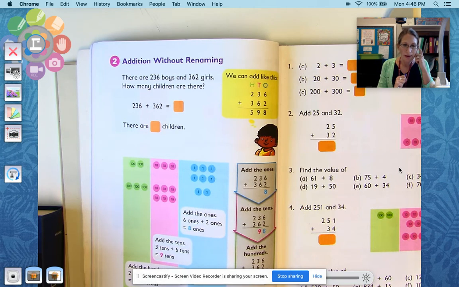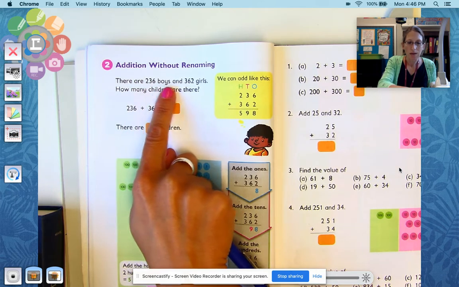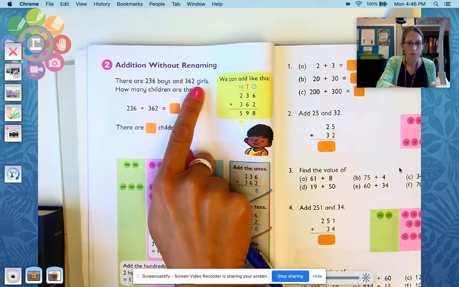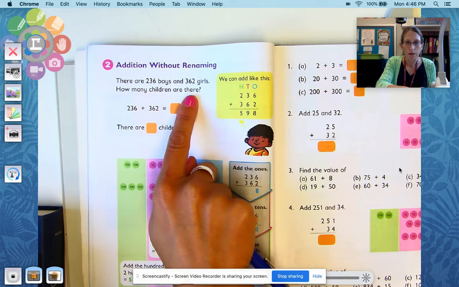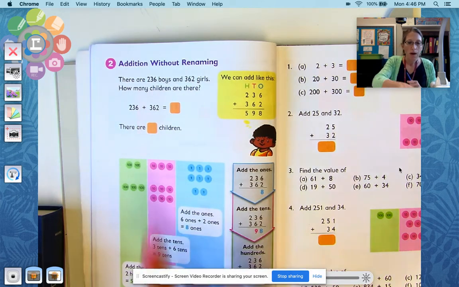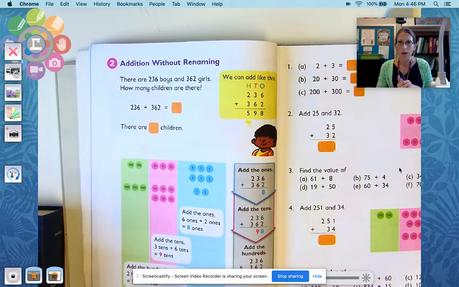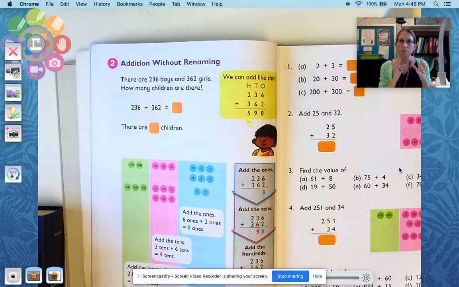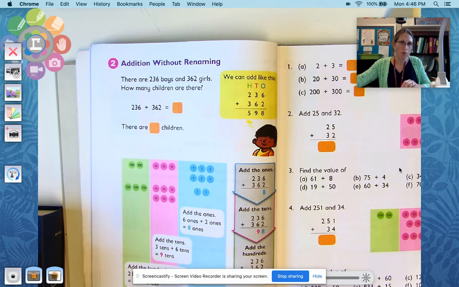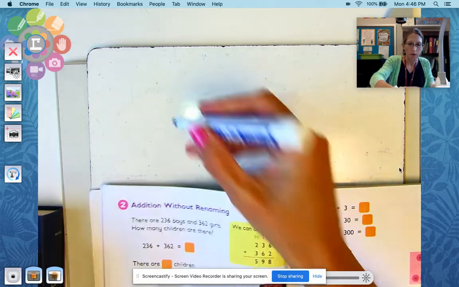So, let's go ahead and read our first problem here. There are 236 boys and 362 girls. How many children are there? So we have some boys and some girls, and the question is, how many children are there? In other words, the number of boys would be one part, the number of girls would be the other part, and we're trying to find out how many there would be altogether.